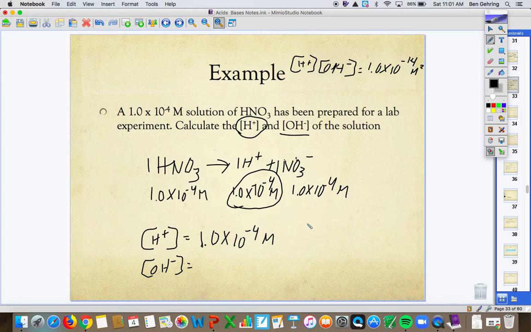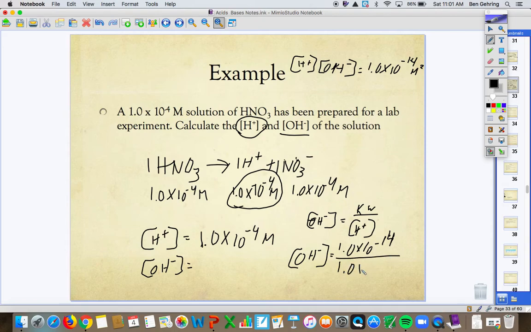To get OH, I'm going to take Kw and divide it by my hydrogen concentration. So the concentration of OH negative is equal to 1.0 times 10 to the minus 14th over 1.0 times 10 to the minus 4.